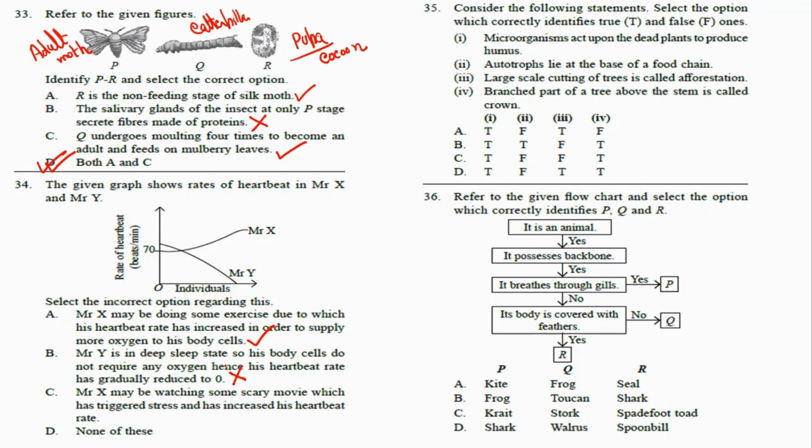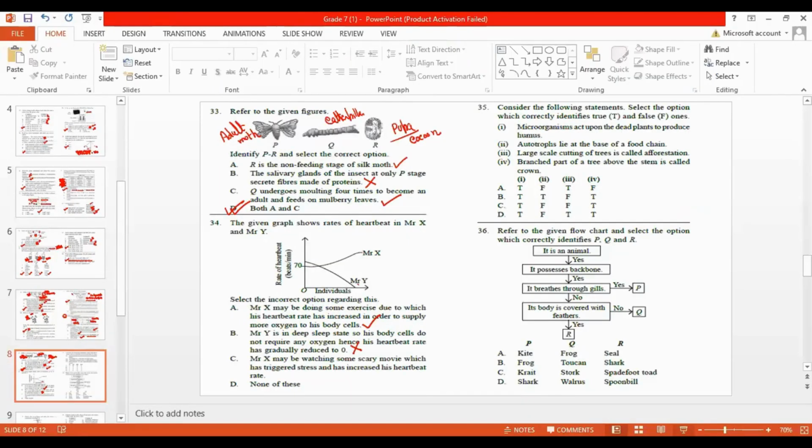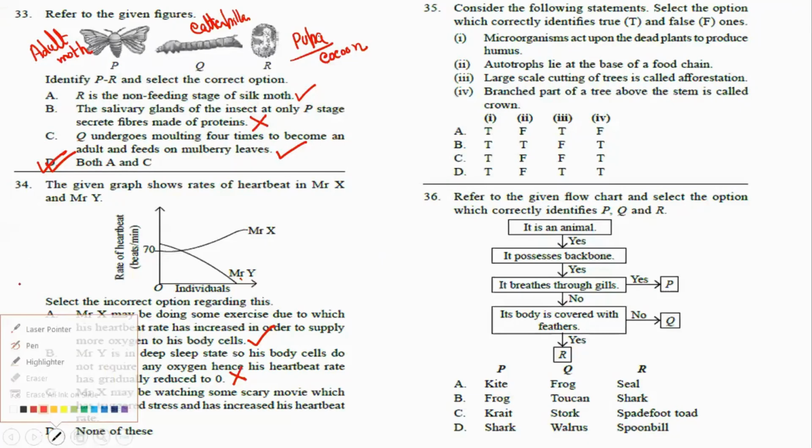Our heart always works till the time we are alive. So if it has come down to 0, the person is dead. So the incorrect statement here is option number B, and that is the correct answer for us in this question.